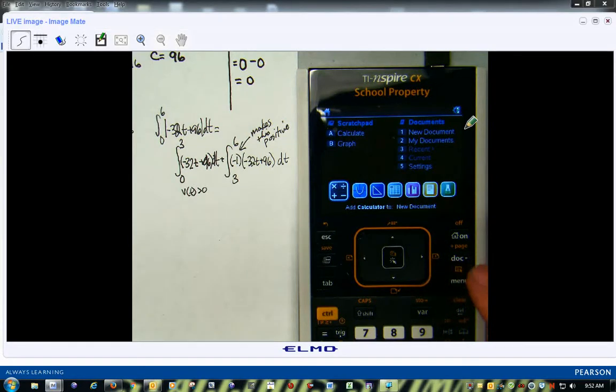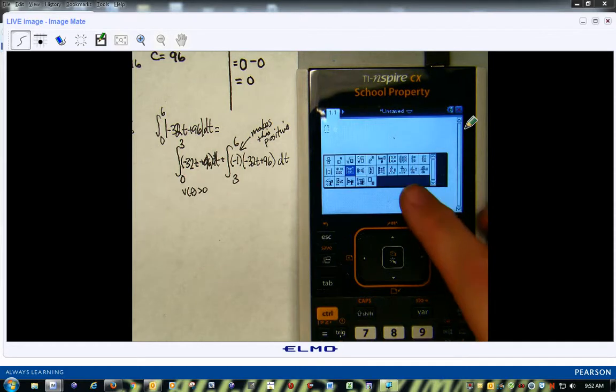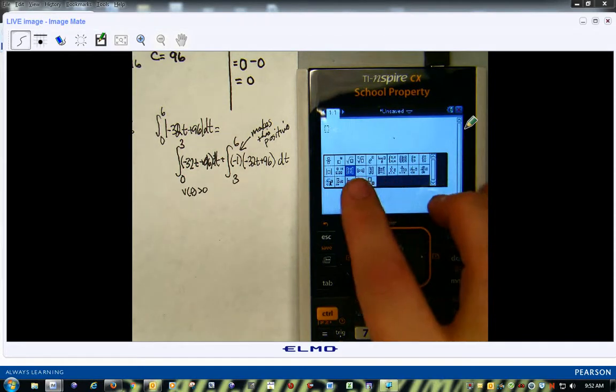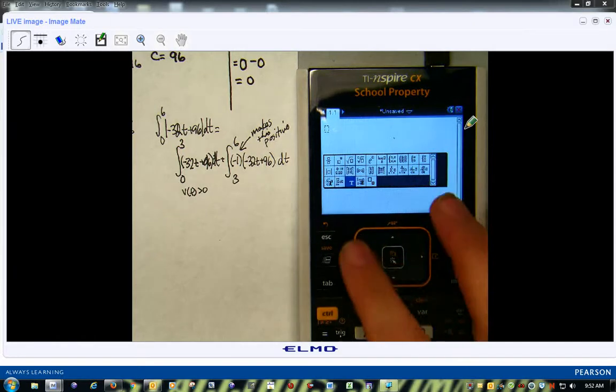Now, if you go right next to the 9, where it has a bunch of the templates, so the button next to the 9, there should be an integral right here. So there's an integral. You can hit this, and it's going to give you a definite integral.